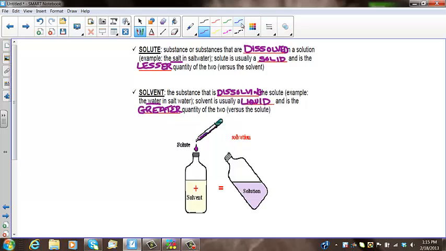So in the example below here, my solute, although it is a liquid, okay, in this case, is in an eyedropper, and I'm adding that to the solvent, which is the larger quantity in the bottle, and that equals a solution. This whole process is called solvation. Not salvation, but solvation.